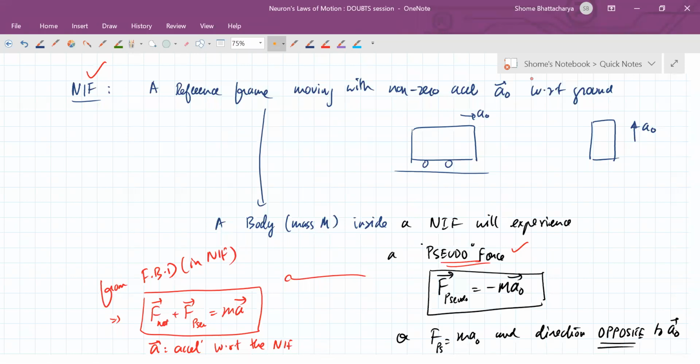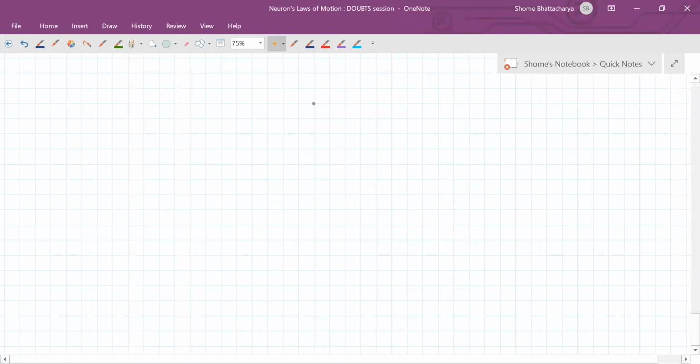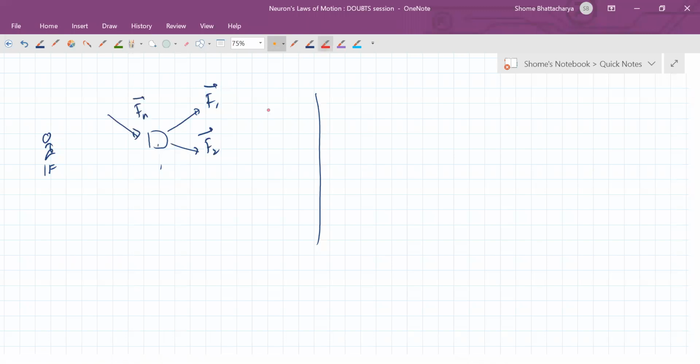Okay. Now Shikhar and Archit, see what's happening. The last equation is just a modified form of Newton's second law. If we have a body in an inertial frame on which n number of forces are acting, let's say F1, F2, like this, it will have some acceleration, let's say something like this.